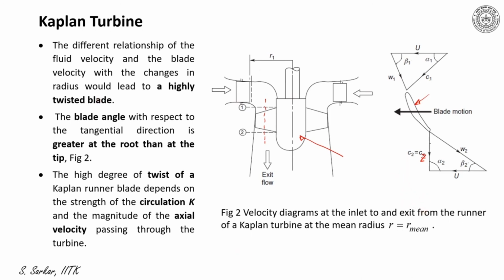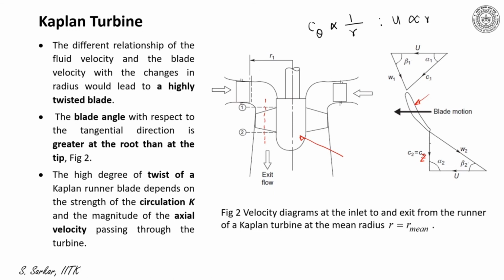Now, I have already indicated that C theta at inlet is inversely proportional to the radius, 1 by r, while blade speed U is proportional to r.